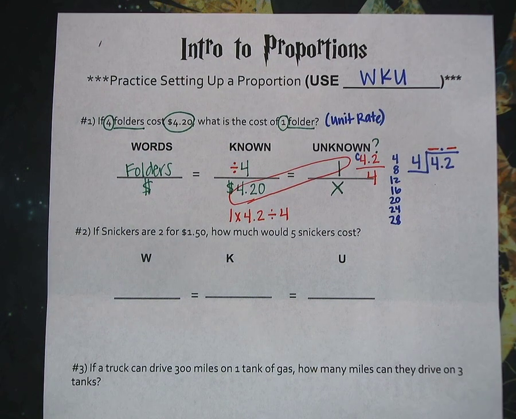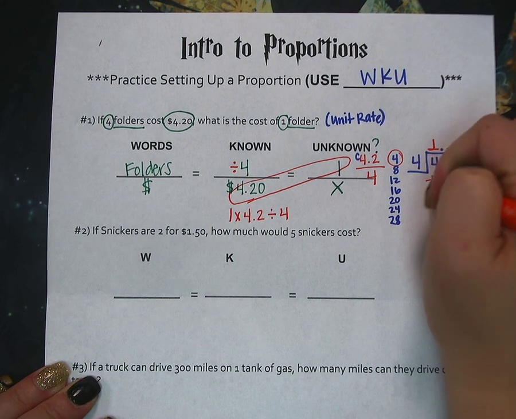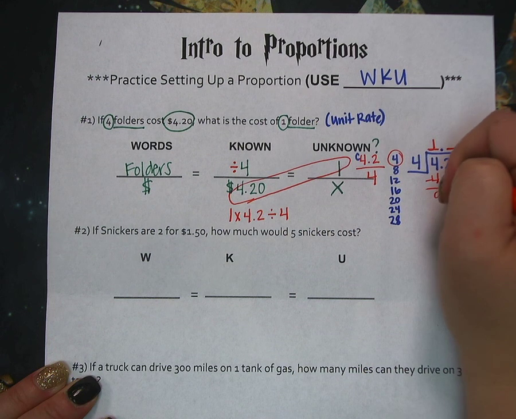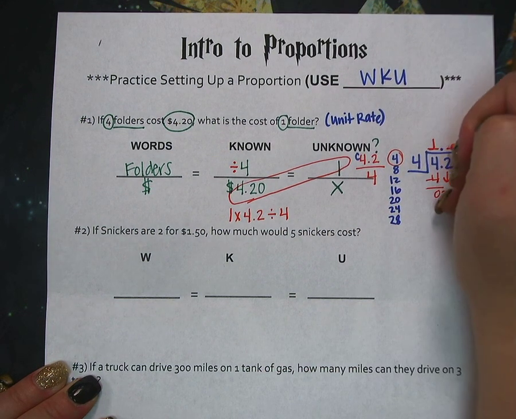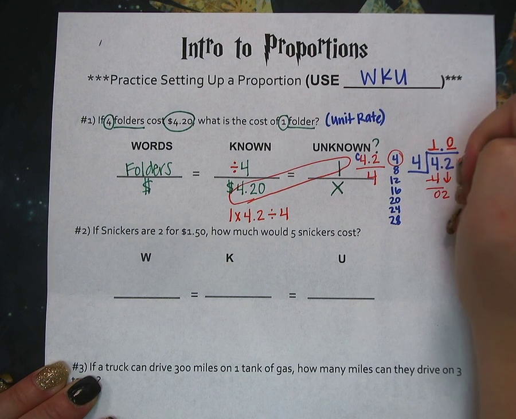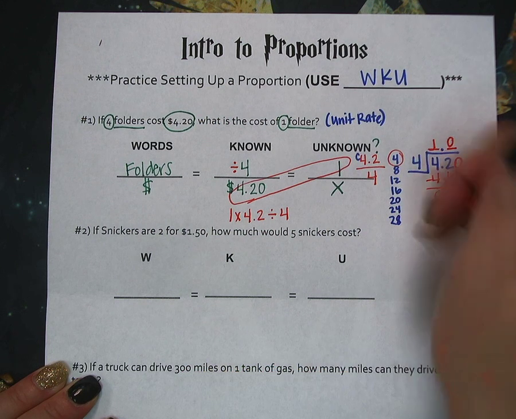Can 4 people sit in 4 chairs? Yes, 1 time, right there. So subtract 4 and we get 0. Bring down the 2. Can 4 people sit in 2 chairs? No, so I need to put a 0. And then I need to eat a donut. Can 4 people sit in 20 chairs?